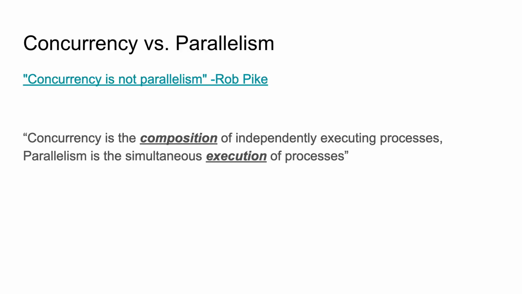Concurrency is the composition of independently executing processes. And parallelism is the simultaneous execution of processes, right? And so if we go back to our example here and look at all these tasks executing, or potentially at once, or potentially not, and we think about me up here talking and you sitting in the chair doing something on your phone while I'm talking, if you're on your phone, those tasks are executing in parallel.